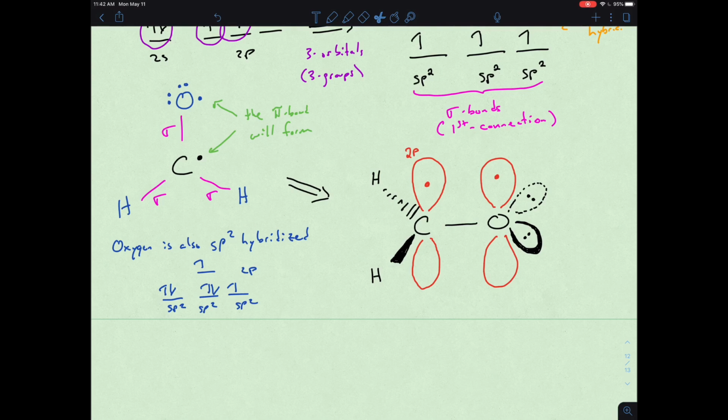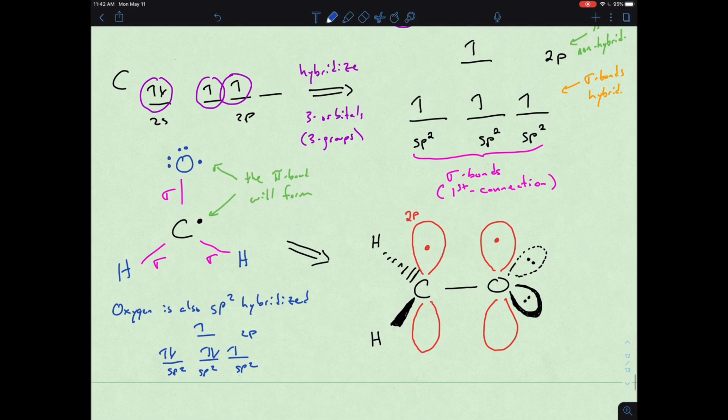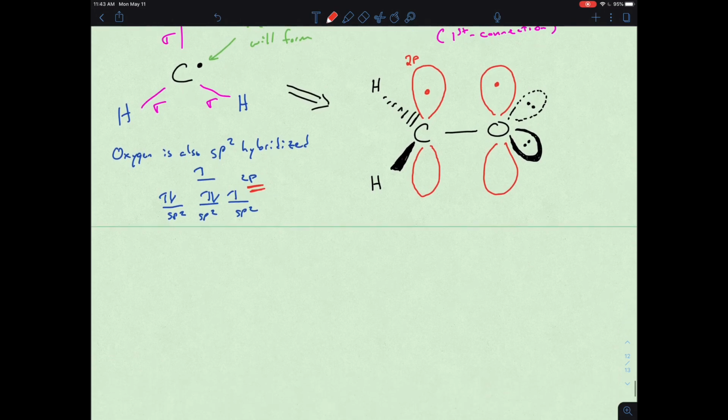Those are part of those sp2 hybridized orbitals as well, going forward and going backwards. So what's left over is we have, in both cases, our carbon at the top right with the 2p and our oxygen at the bottom with the 2p, that now we have these 2 electrons that are actually kind of right next to one another, but they're not in between. They're above or below. And that's the development of the pi bond.